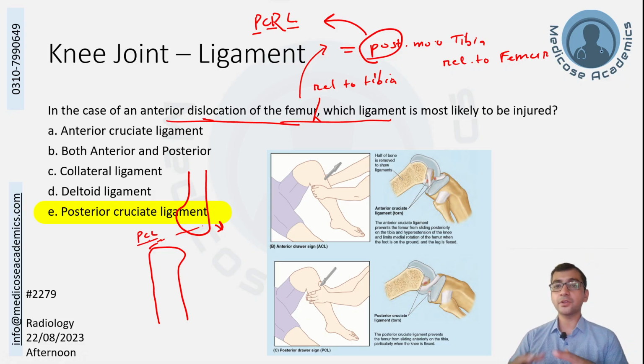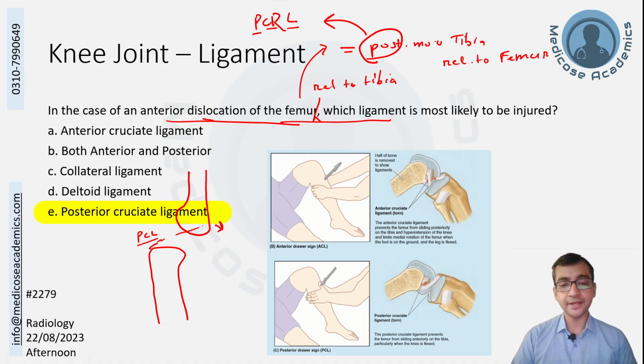So you can be ready for a question like that. A person cannot move down the stairs because whenever he does that, his knee dislocates, or his femur displaces anteriorly with respect to the tibia. Then the injury is due to the posterior cruciate ligament.